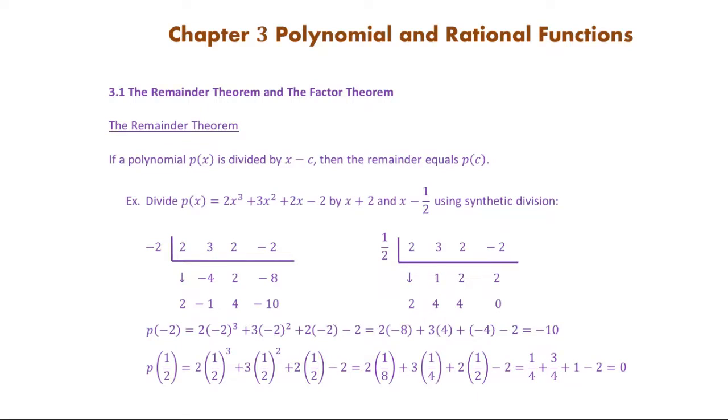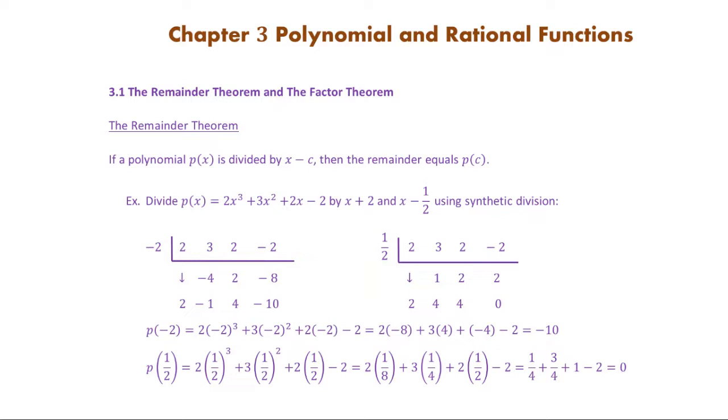So the first step is to move down the 2 in the first place. And then you multiply this 2 by the negative 2 on the upper left. You get negative 4. And then you add 3 and negative 4, you get negative 1. And then you multiply this negative 1 by the negative 2, you get positive 2.